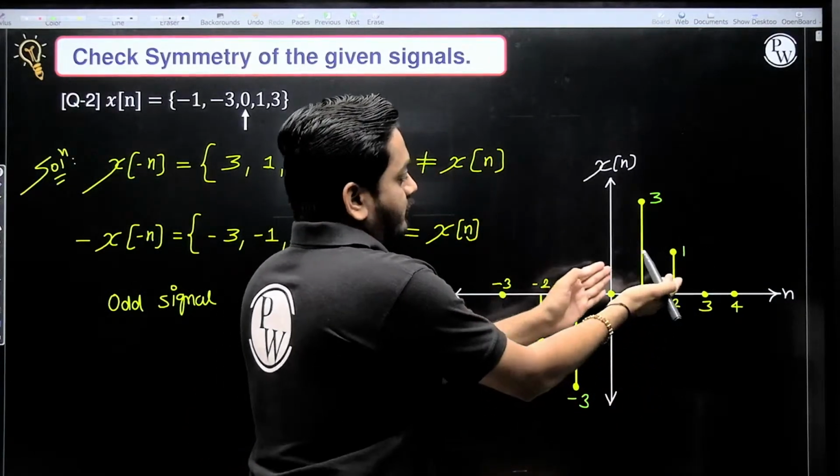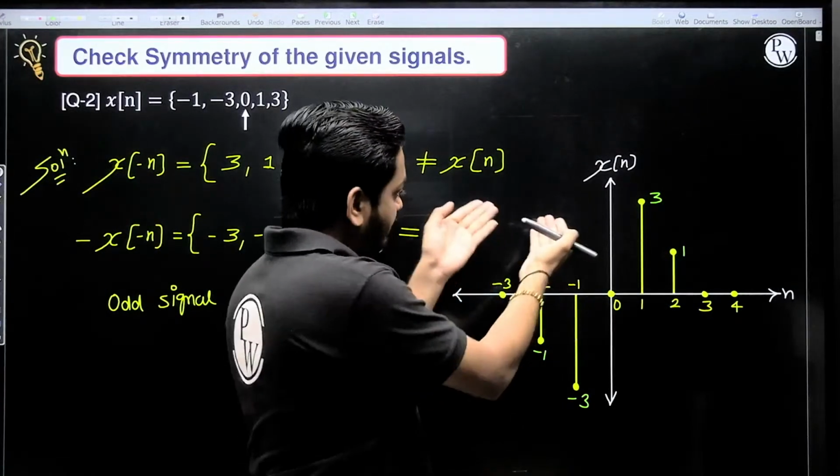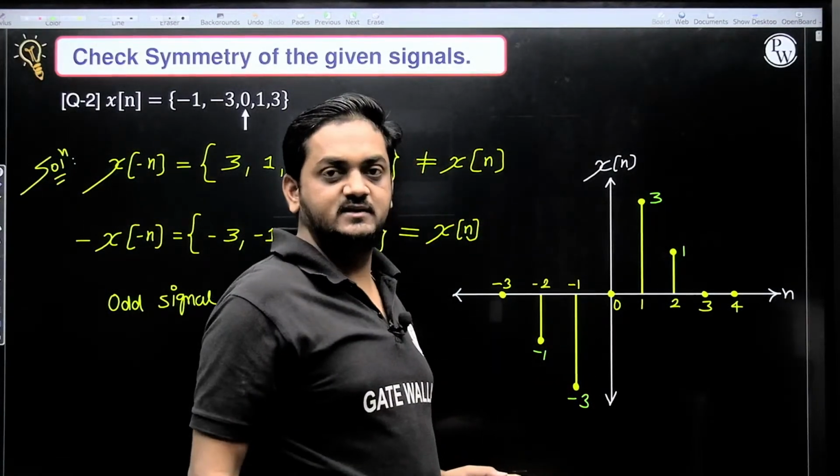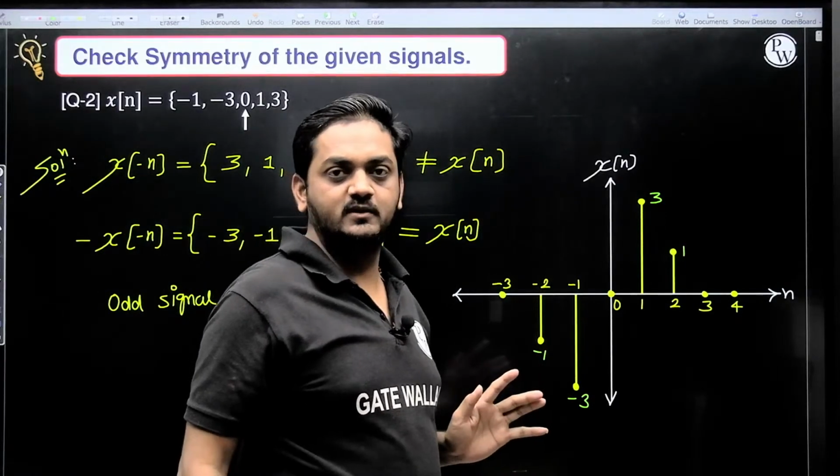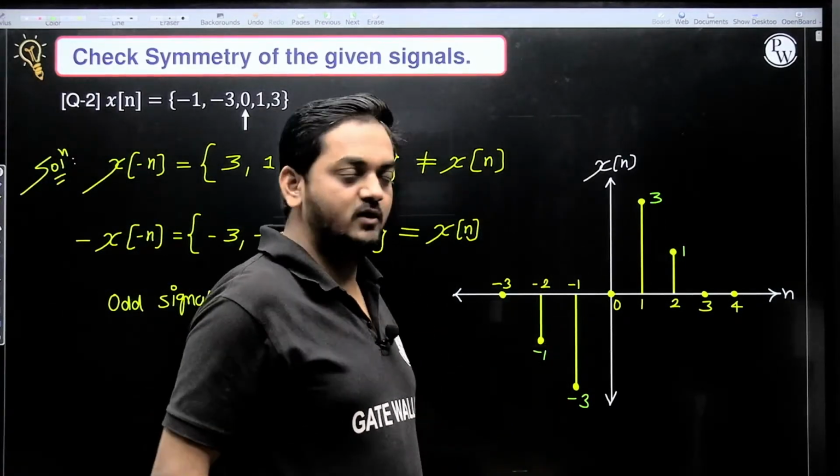Now see, first folding with respect to the y axis and then folding with respect to the x axis, amplitude reversal, you get this same x of n. That's why the given signal is an odd signal.